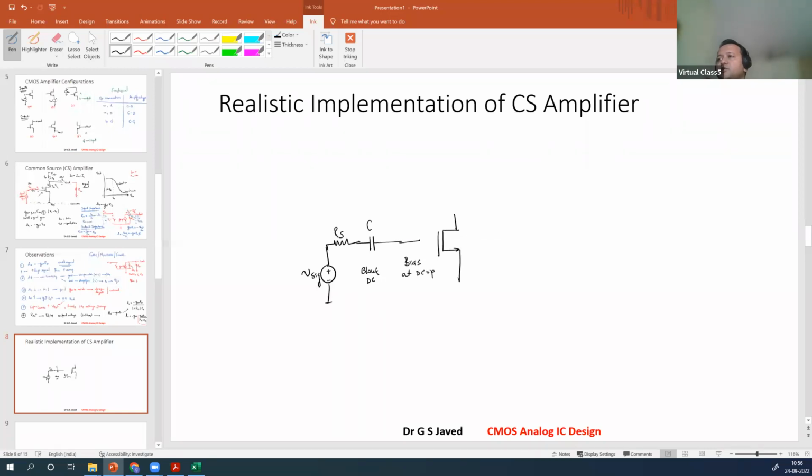For that, you will use an external resistor, the RG. So this RG will help you bias your point. This C will help block the DC voltage and take the signal forward. Next is your load resistance RD. You do not want the DC of this block impacting the next block. So you will block the DC again.